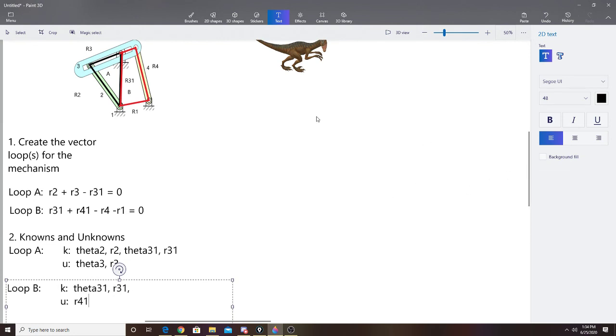So if you look at this right here, do you see how this looks?